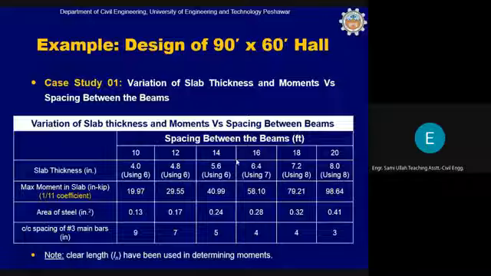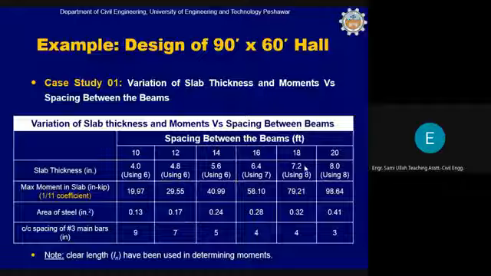Further increase will further increase the thickness of the slab, bending moment, and area of steel required. Further increase from 10 to 20 feet will make the slab 8 inch. So you will require 8-inch slab thickness, and the bending moment, reinforcement, and spacing you can see.